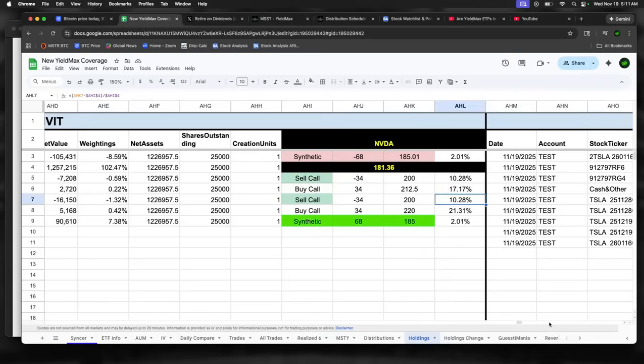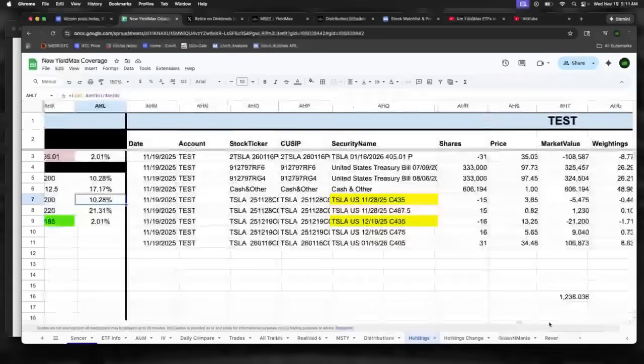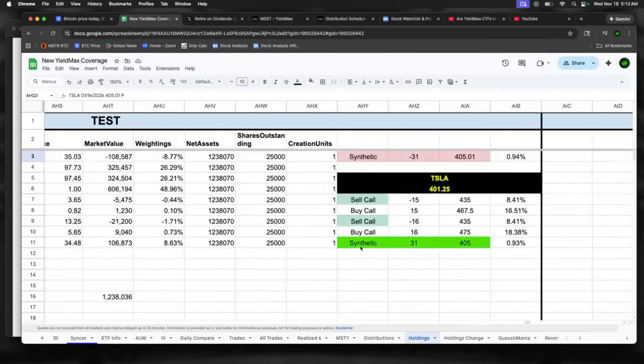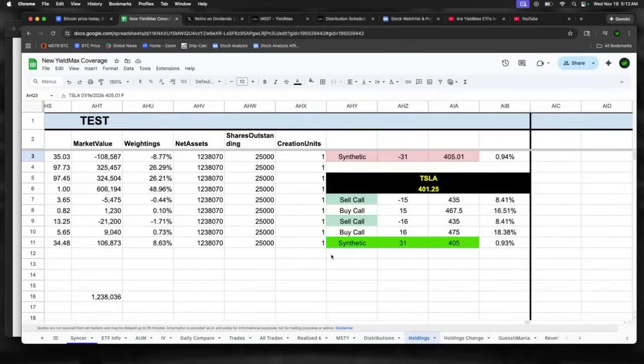All right, so that's NVIT. So we got MSST and NVIT, and then we got TEST, the coolest ticker ever. So what are we doing? We got the synthetic: the buy call on the bottom, sell put at the top. We know that, nothing new. I'm not going to get into too much here. I assume a lot of the people watching are very familiar with their funds.